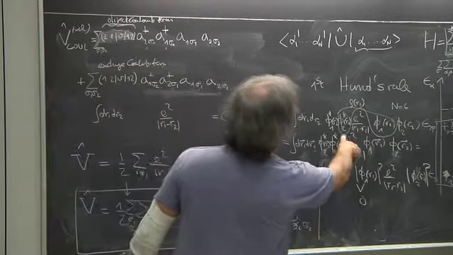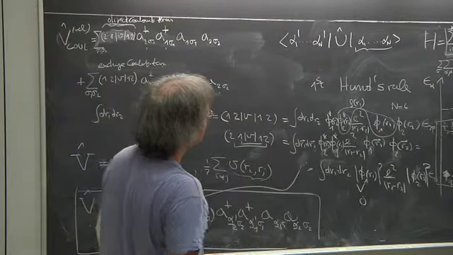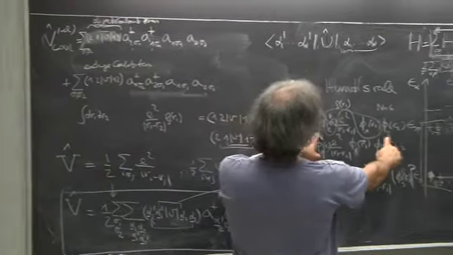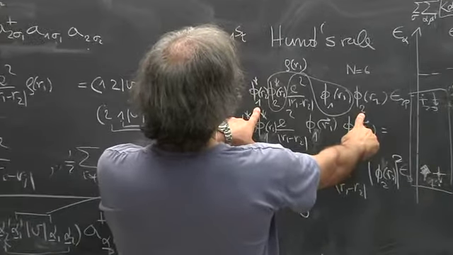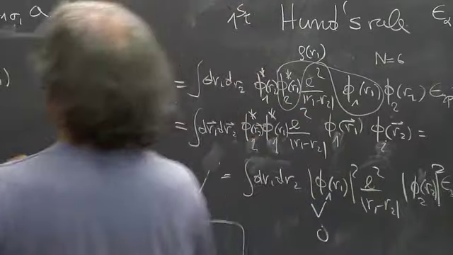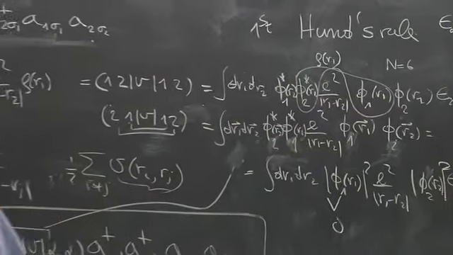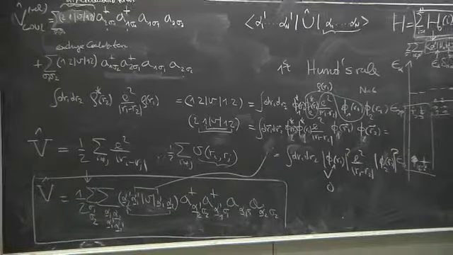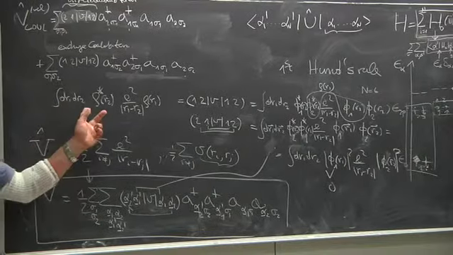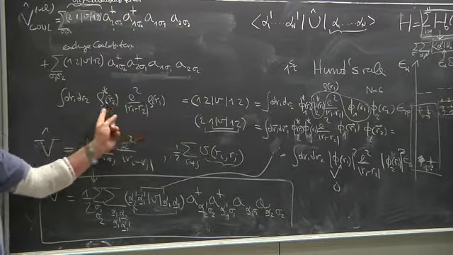Then I have rho of R1. And what is this remaining thing? Well, it is the star of rho evaluated at R2. Rho star R2.